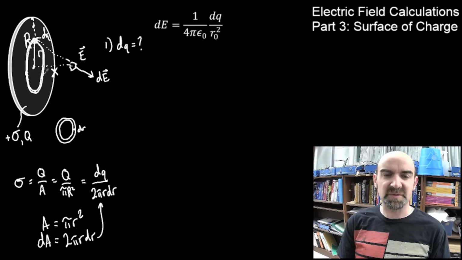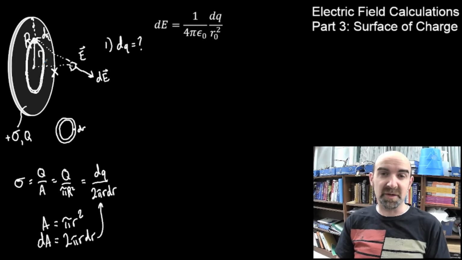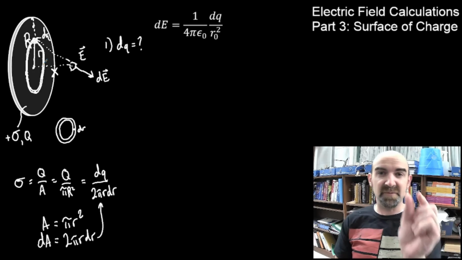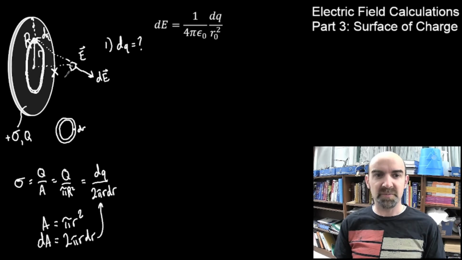But more specifically, it's a ring with circumference 2 pi r with a very, very thin thickness of length dr. And that's going to be important here because as we go out further and further, that ring becomes further and further away from the electric field point here.